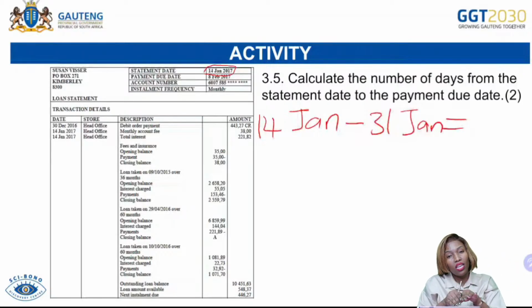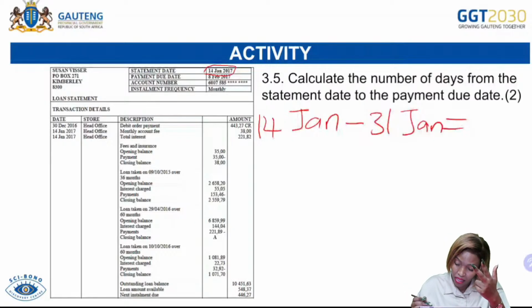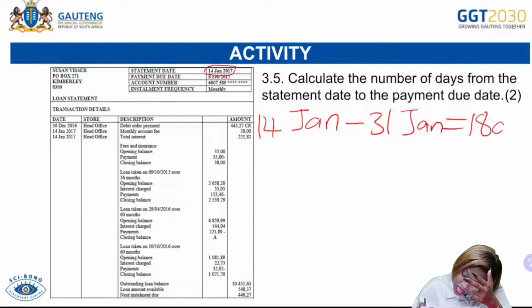That is when the statement was issued, so you include it. So the number of days is 14, 15, 16, 17, 18, 19, 20, 21, 22, 23, 24, 25, 26, 27, 28, 29, 30, 31. Meaning that this is 18 days.